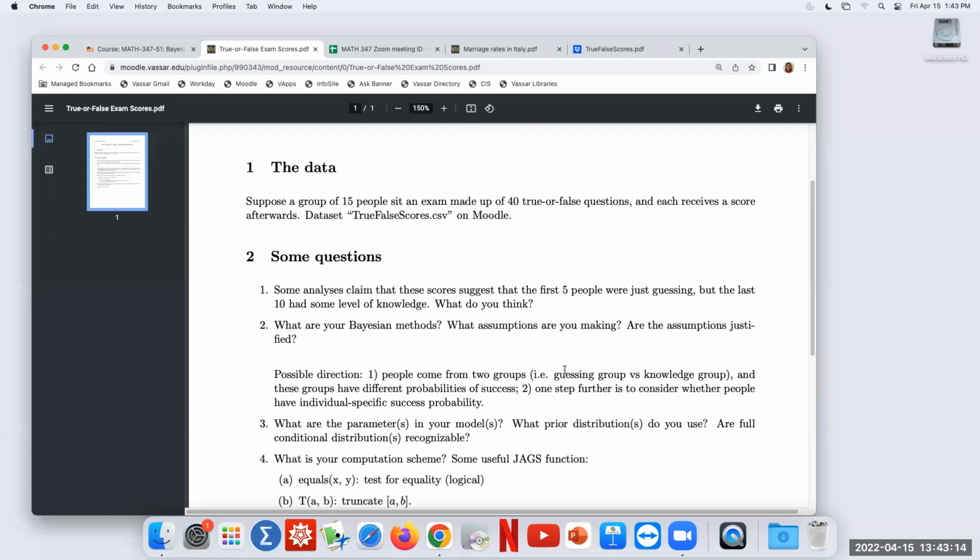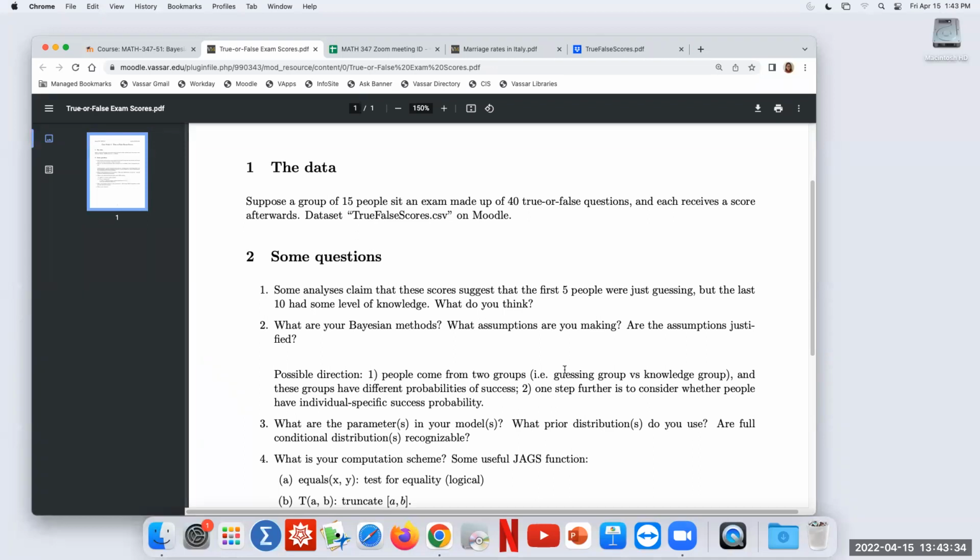Here, I'm proposing something that you might want to take into consideration when you're doing this case study: we're assuming people are coming from 2 groups. One group is the guessing group. The other one we can call the knowledge group, or knowledgeable group. And these groups are going to have different probabilities of scoring correctly.